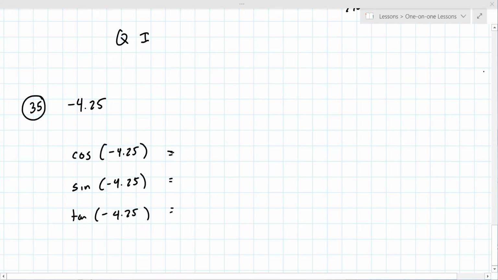Let's get cosine of negative 4.25. It says error syntax.